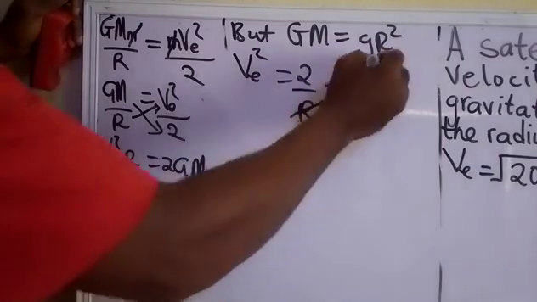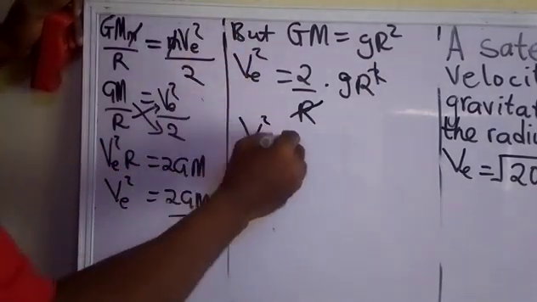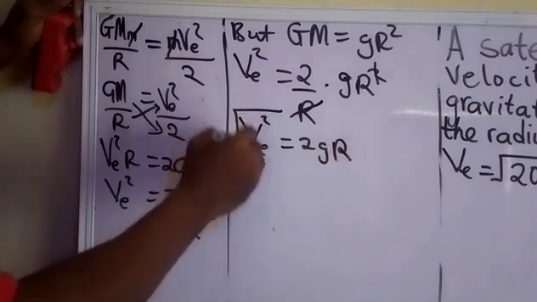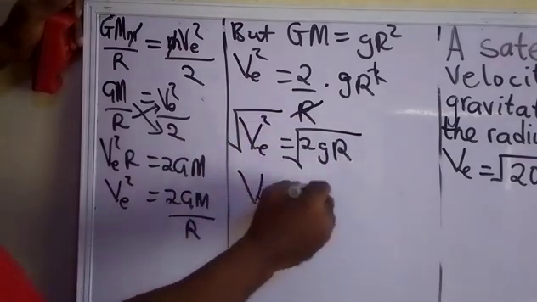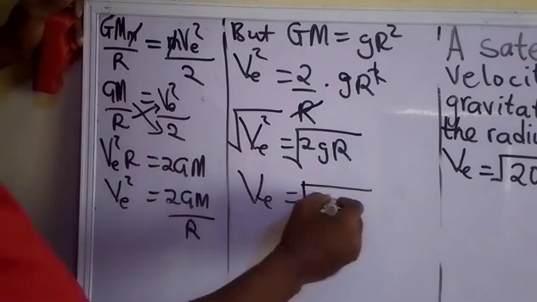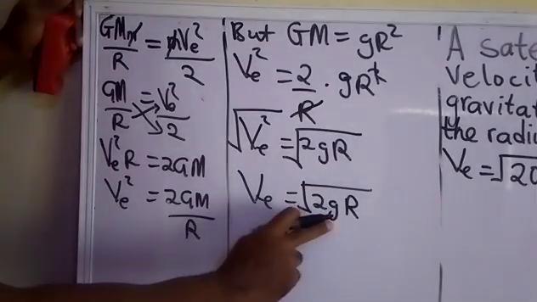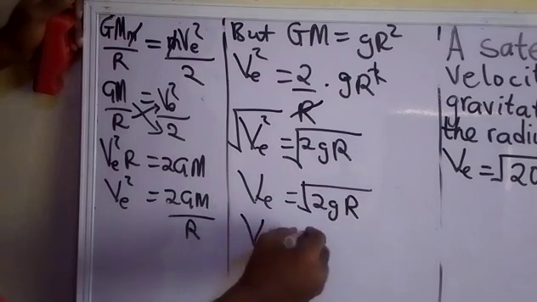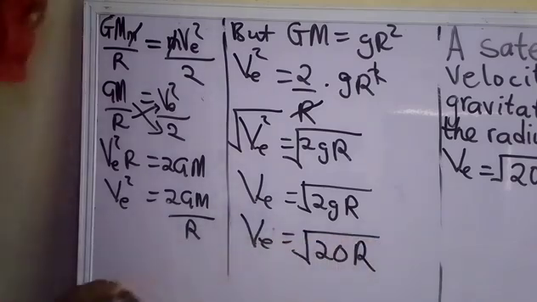So this R will cancel 1 here. We have v_e squared equal to 2gR. And of course, take the square root of both sides. We have v_e equal to the square root of 2gR. Remember, this g was given as 10, so 10 times 2 is 20, which is true as what we got earlier.